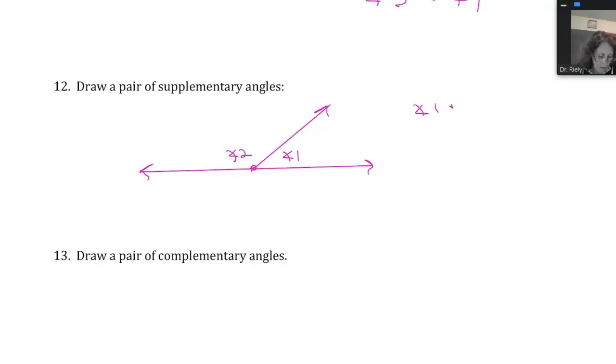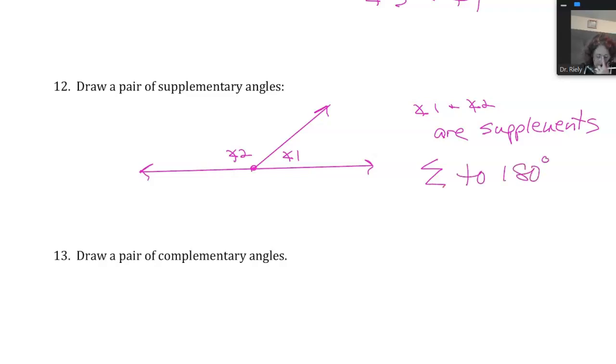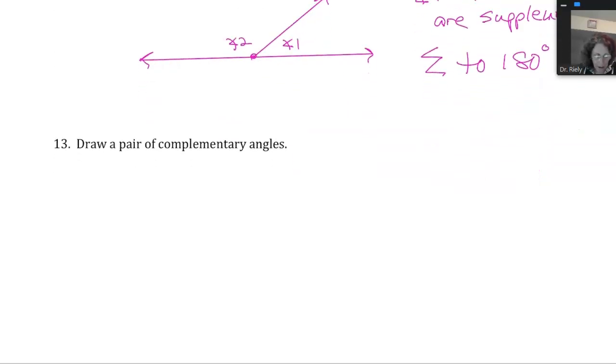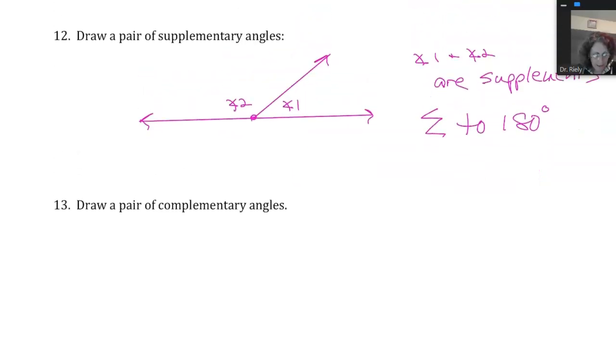So angle 1 and angle 2 are supplements, because they add, or sum, that symbol means sum, to 180 degrees. Okay, what about complements? So you have to memorize these. Whenever you see supplements, you've got to think 180. Whenever you see complements, you have to think 90.